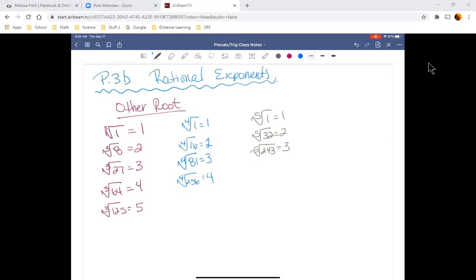So once our root number starts going up, the part under that radical, the radicand, is going to start going up too, right? All right. So we can do the same thing that we did yesterday. We can do all of that same stuff with numbers that have different or higher roots on them.